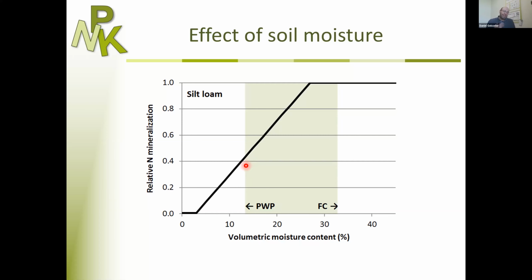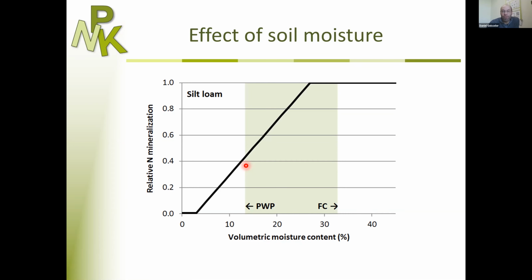At the permanent wilting point, which is the moisture content where plants start wilting because they cannot access water anymore, microorganisms can still be active, much less than at field capacity, but there are still small pores that are filled with water that may be too small for plants to access, but microorganisms are so small that they can still be active in these pores.